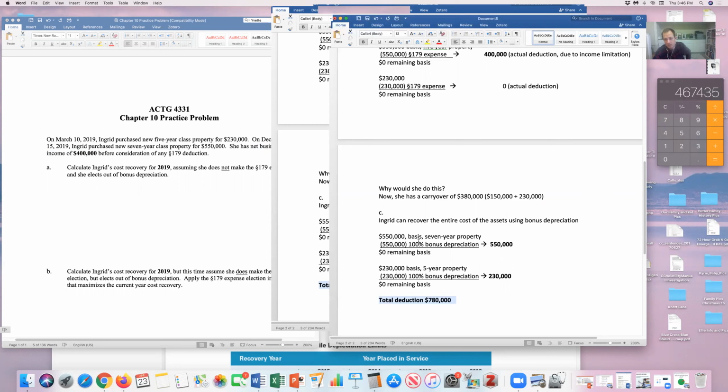And once she used it on 7-year property, she would have to use it on any other 7-year property that she put in service that year. But she wouldn't have to use it on the 5-year property. So she could have just done that. Since her income was only $400,000, that might have made sense.